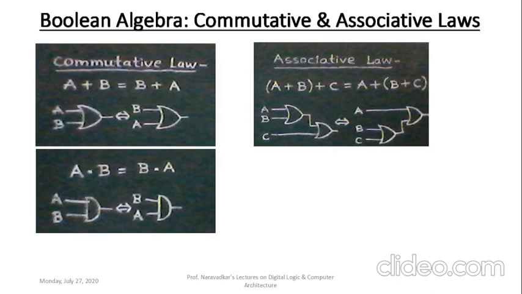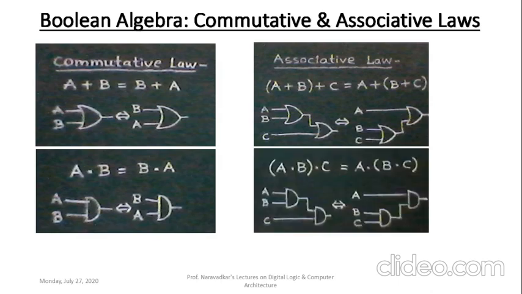Now the dual of this associative law which is applicable for AND operations, multiple AND operations which are shown here. This is the dual of that upper associative law. Here A dot B which is inside bracket dot C which is equal to A dot inside bracket B dot C here.